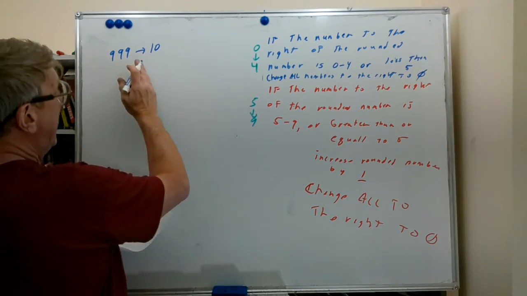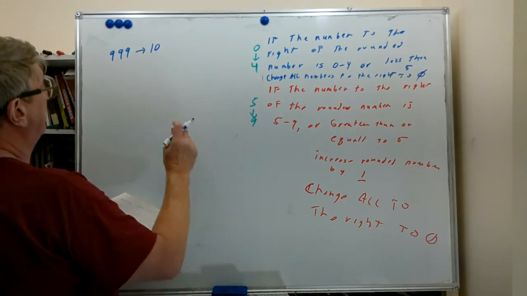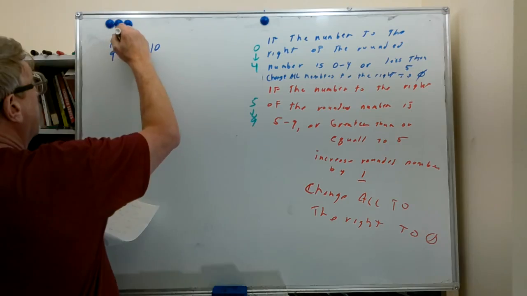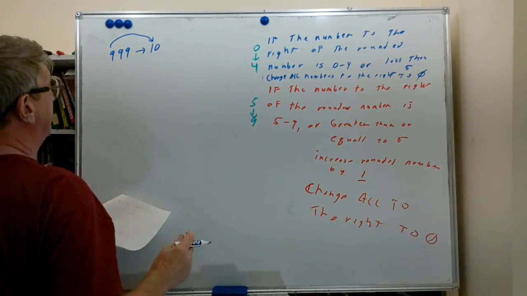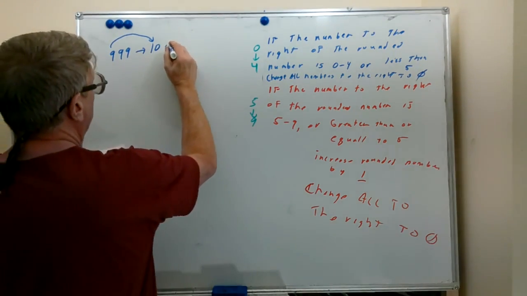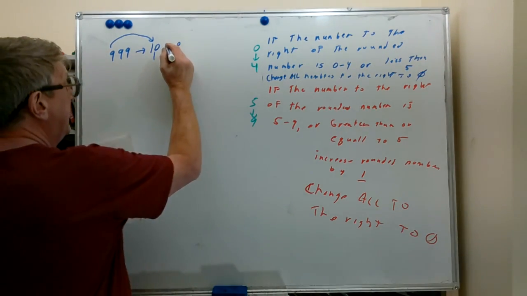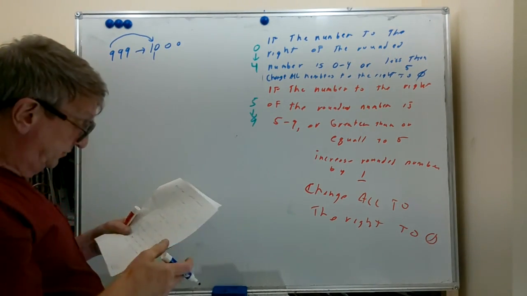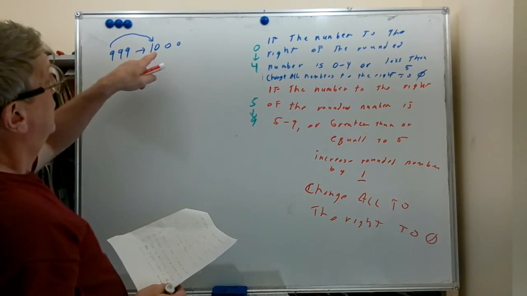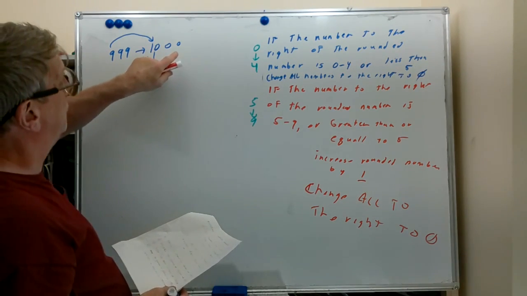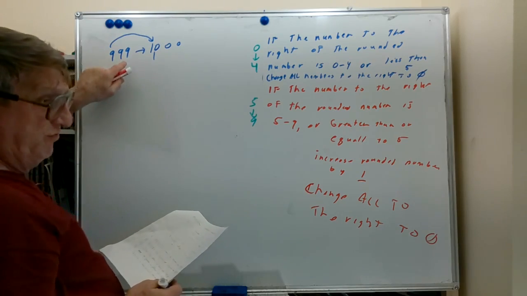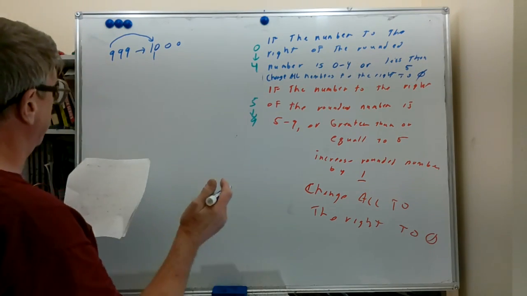And now everything after that is going to be zeros. This guy was replaced by the 10. These two are going to become zeros. And I think you can probably see that the one significant digit, the number 1,000, is a decent representation of 999.